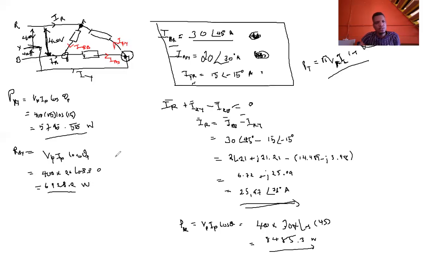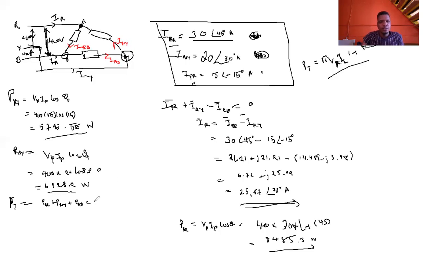So this is the power in each phase. So the total power, remember real power can be added. So I'm going to say the power in each phase: power in the BR, power in the RY, plus power in the BY. Now if you add the 3, what you get is 8485.3 plus 5795.55.